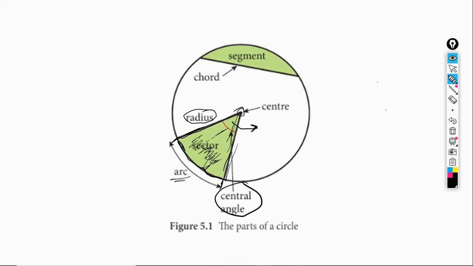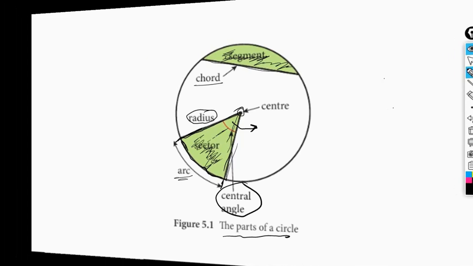Any line that goes through the center is known as a diameter. But if the line crosses the full circle and doesn't go through the center, then it's known as a chord. So this is a chord here. And this area that is cut out, so to speak, is known as a segment. So these are the parts of the circle that we need to be familiar with.